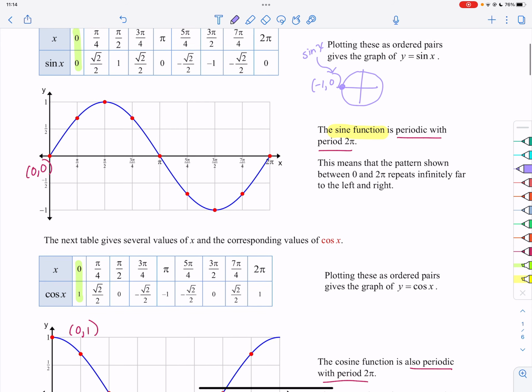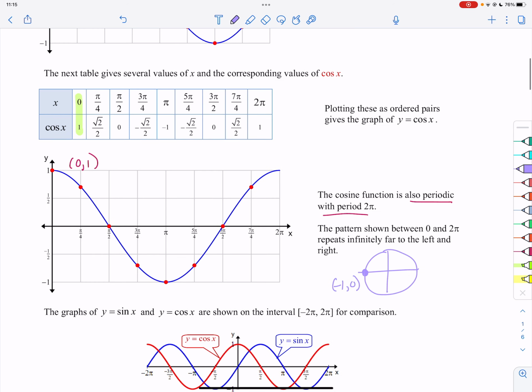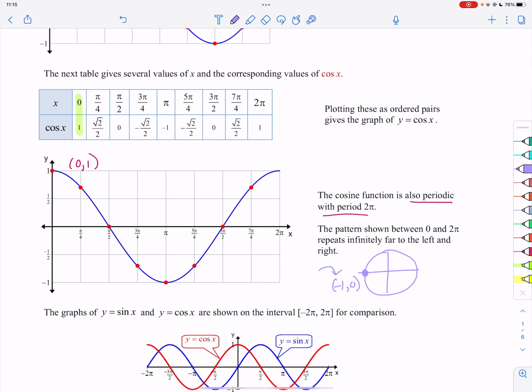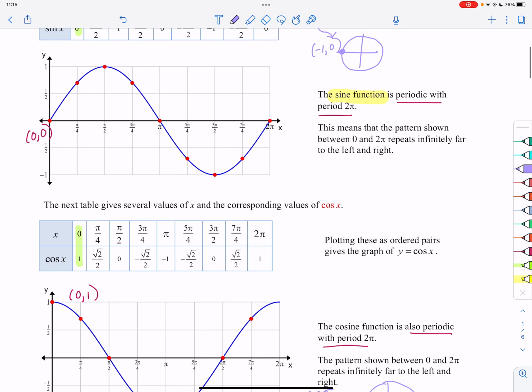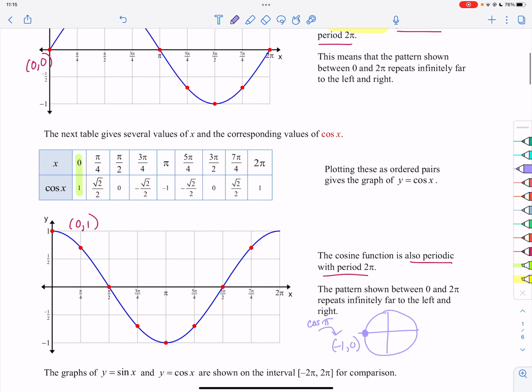So we can also see that here with the cosine graph. If we are at pi, you can see this is negative 1, 0 again, and here the cosine is negative 1. So the cosine of pi is negative 1, and I guess I should have put the sine of pi here is 0, okay?